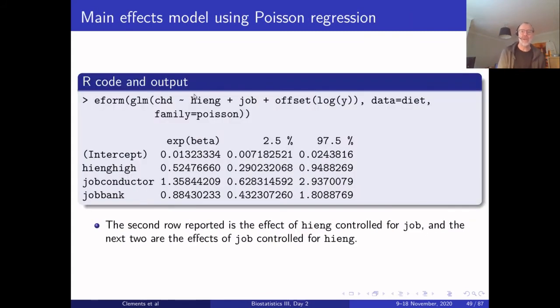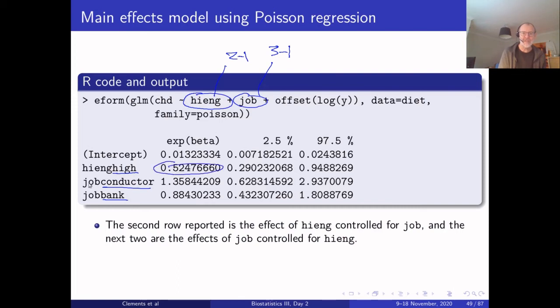To show what we do here, we're going to adjust for high energy, which is in 2 groups, and job, which is in 3 groups. So we expect 2 minus 1 covariates for high energy, and 3 minus 1 coefficients for job. What we find is high energy high compared with low, job conductor compared with drivers, and job bank compared with drivers.